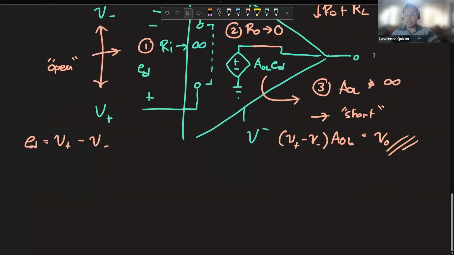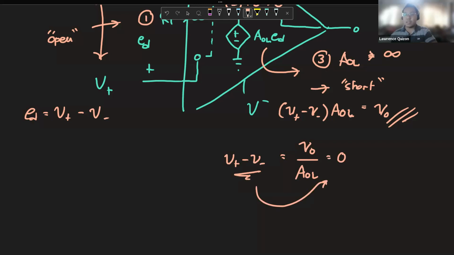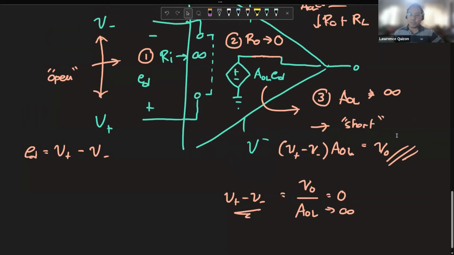Kasi never naman tayo nagkakaroon ng infinite voltage. So we can see na the non-inverting input must be equal to the inverting input, right? Kasi equal to 0 to. Because AOL, the open loop gain, approaches infinity, no? So this is the short part of the short na open, and Rn being infinite gives us the open part of short na open. All right?